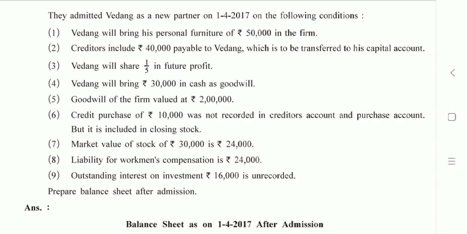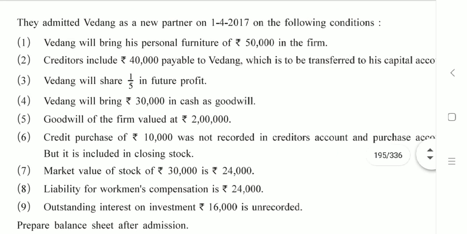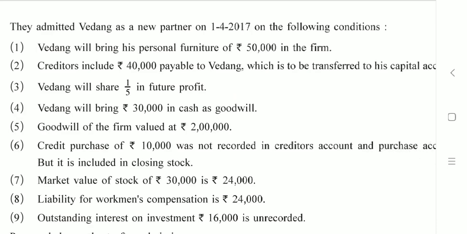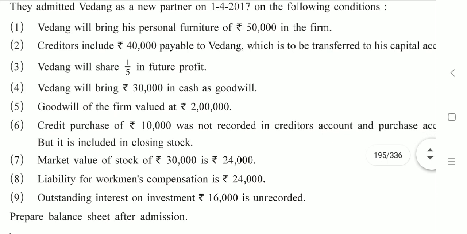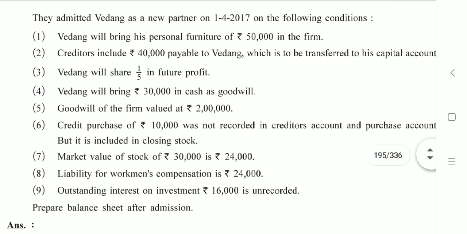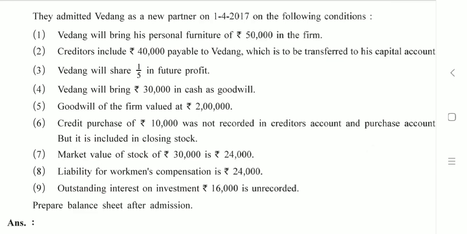Okay. Now you can see here Vedang is the new partner who has been admitted in the firm. I'm reading the first adjustment: Vedang will bring his personal furniture of rupees 50,000 in the firm. You all know very well, whenever a new partner is admitted in the firm, that partner is supposed to bring the amount of capital as well as the amount of goodwill.